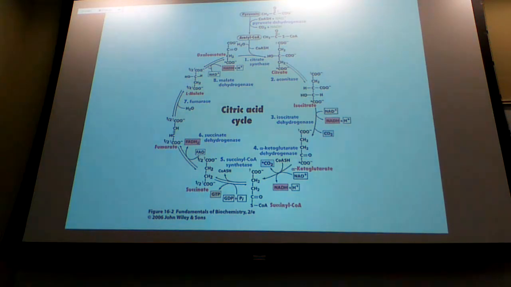And what's funny is that when people talk about the citric acid cycle, literally it's these 8 reactions, but sometimes this one also gets lumped in with it, the pyruvate to acetyl coenzyme A. But technically, this is not part of the cycle, because the whole point of the cycle is that the intermediates that you start with are the intermediates that you end with. They go full circle.